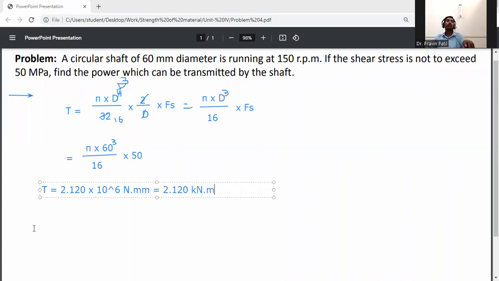Now we need to calculate the power that can be transmitted.